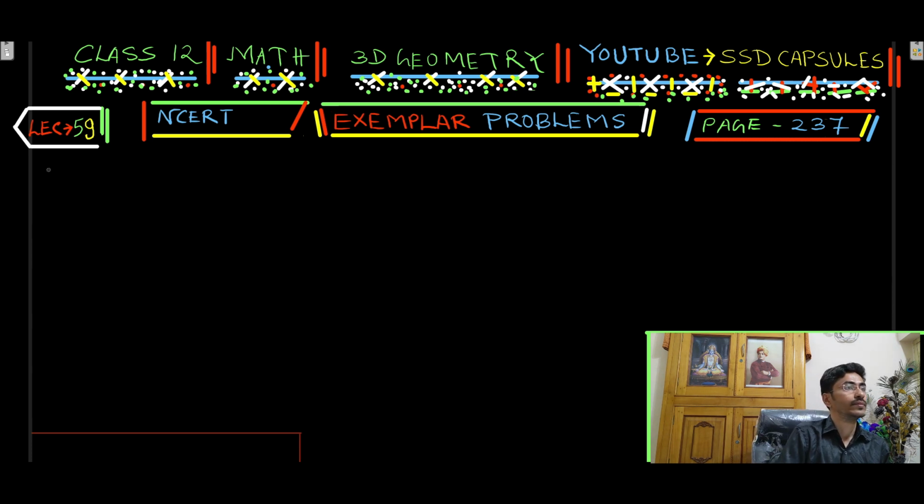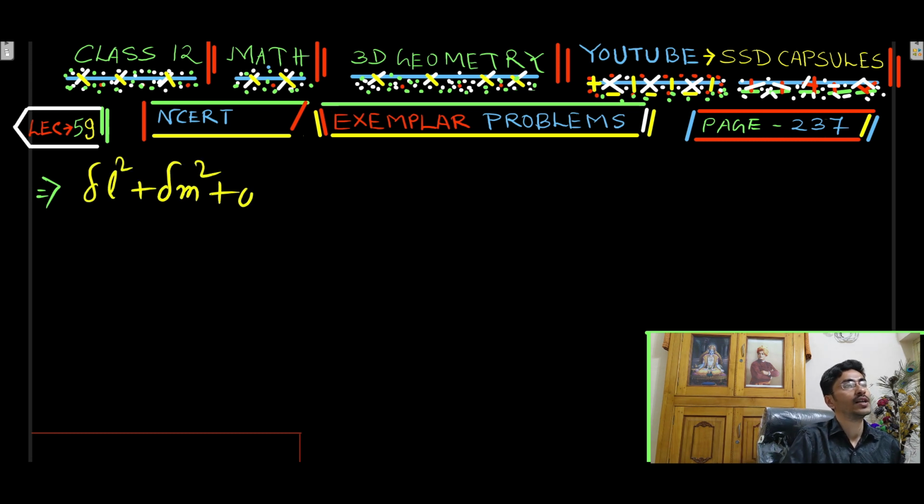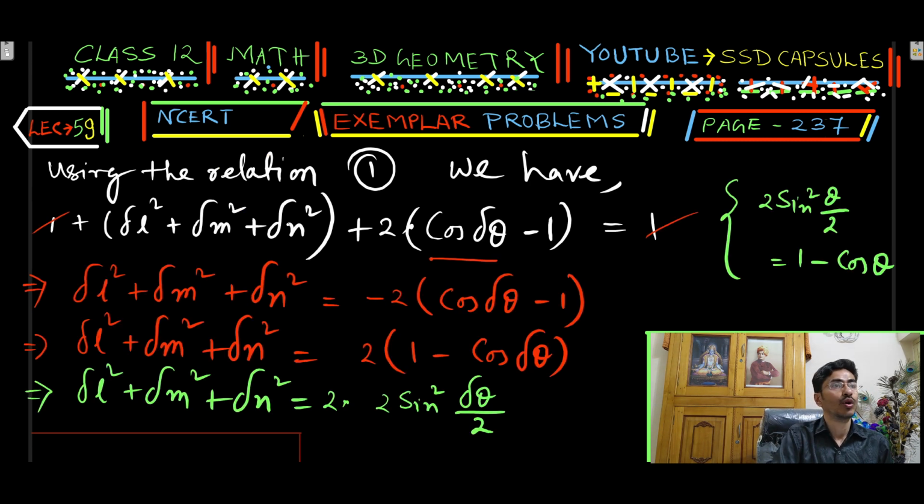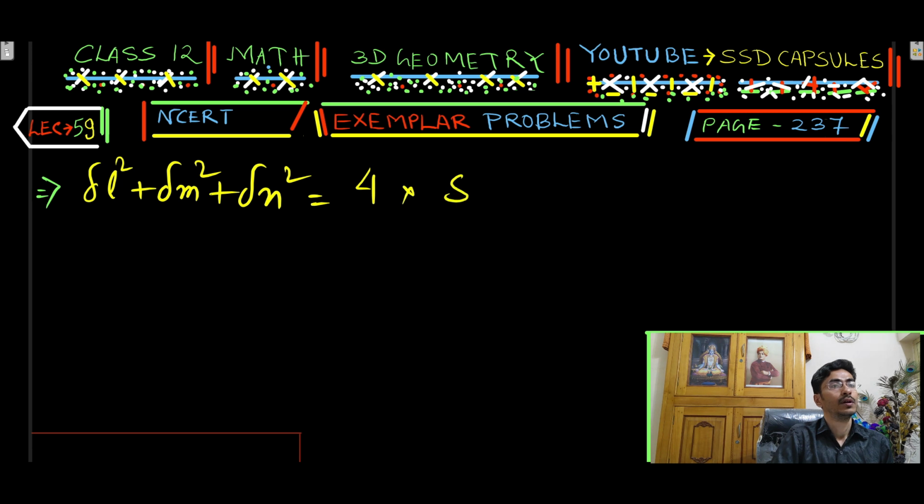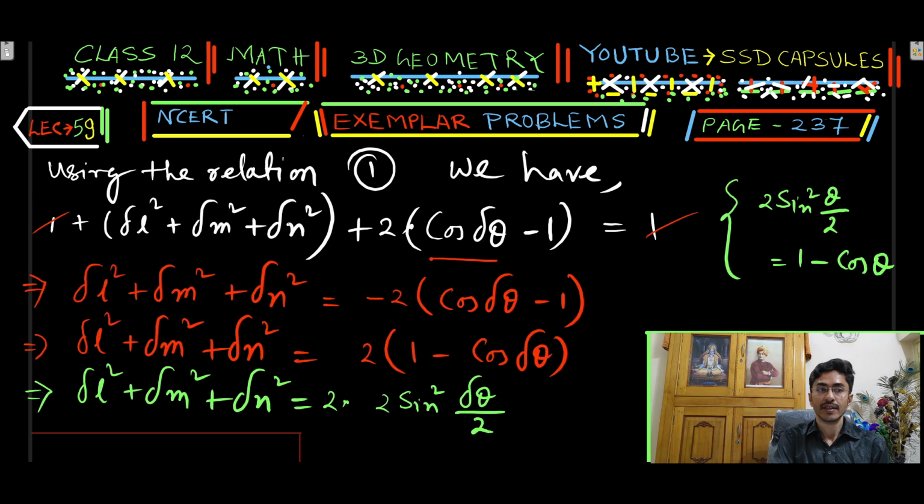So now ΔL² + ΔM² + ΔN² equals, see previous page, 2 into 2, 4 sin²(Δθ/2), right? Yes.